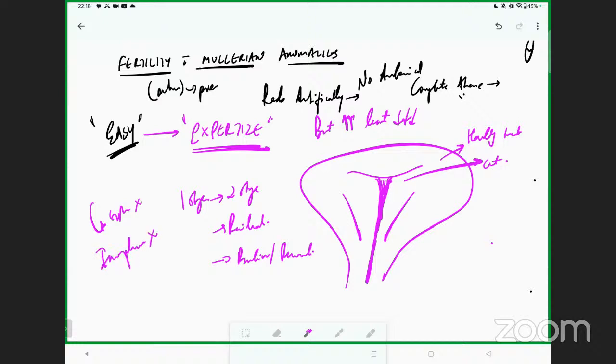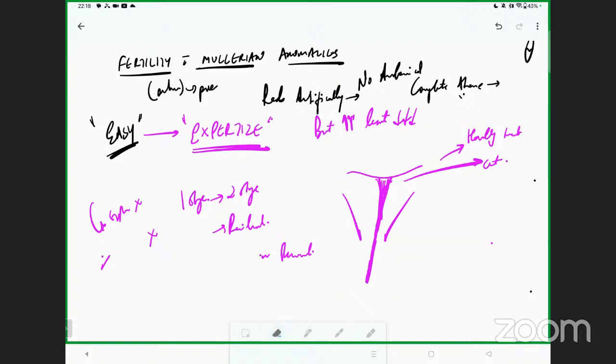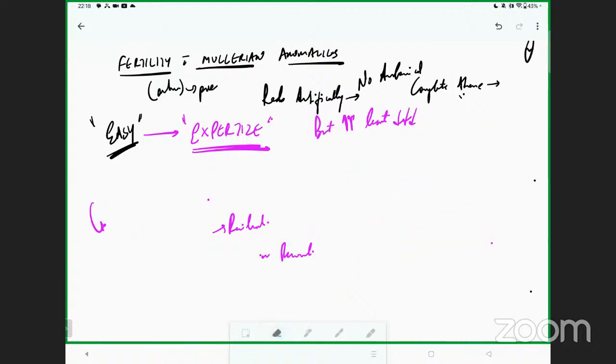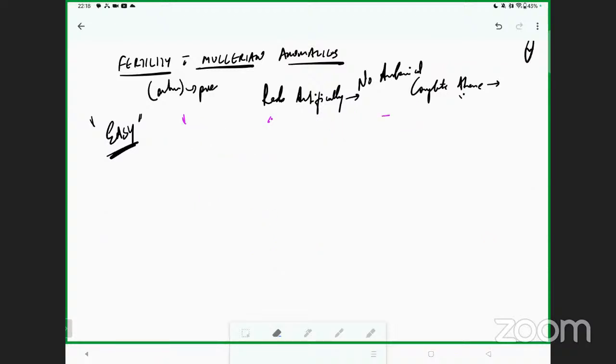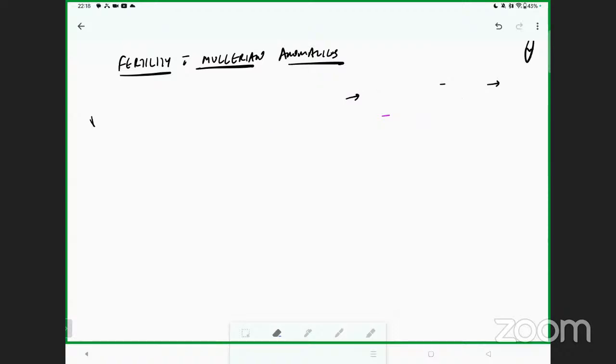All these things we are very worried about, because once there is a development of a Mullerian anomaly, please try and understand this concept. God has gifted the uterus to be something like this.